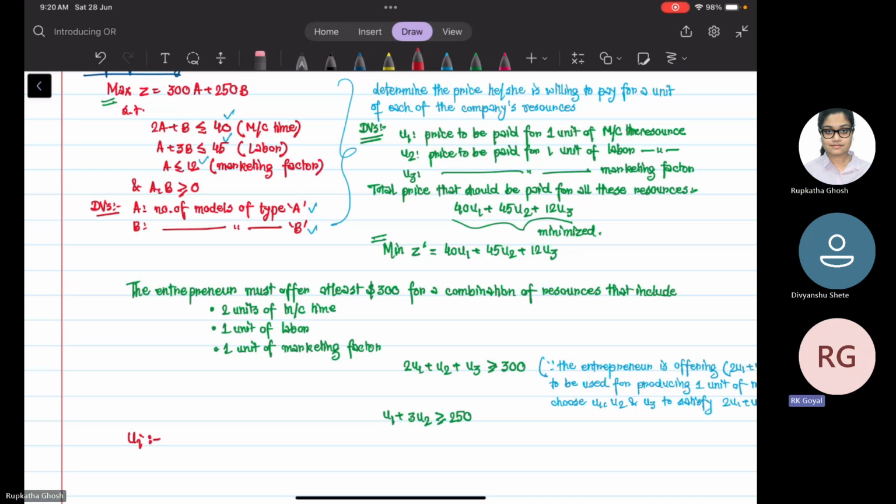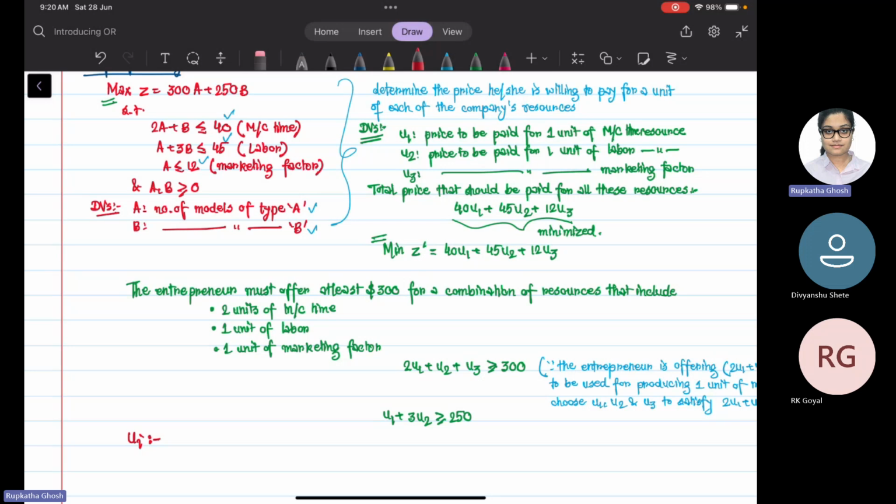Yes, the meaning of the reduced cost would be what would be the impact of one unit change in one variable, how much cost will get reduced? What kind of variable? Decision variable.